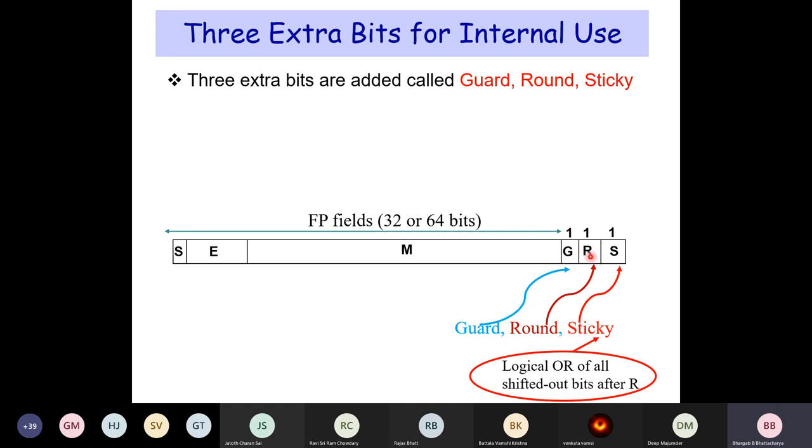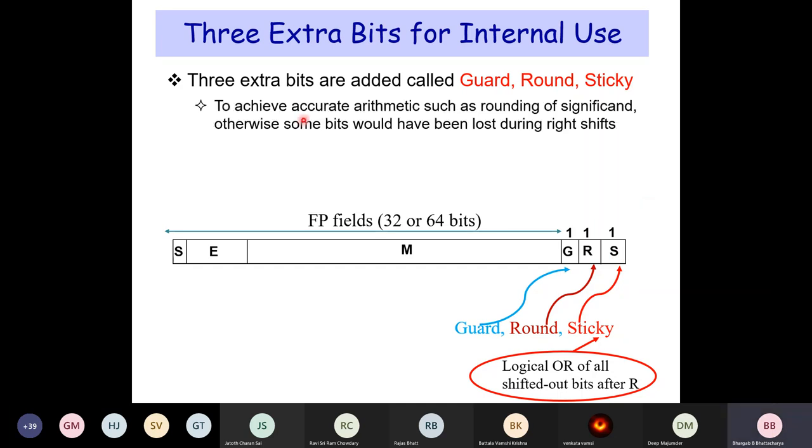And finally, some bits are stored here, and the sticky bit is the logical OR of all bits which are shifted out of this R. So that means it takes care of whether there is a 1 here. They might have an impact finally when you are going to do rounding. So these extra bits are managed by hardware. You don't see them. These are called guard, round, and sticky in that sequence.